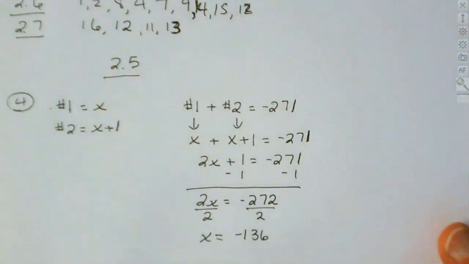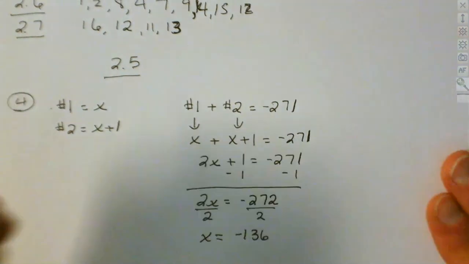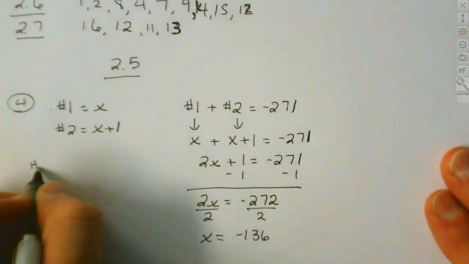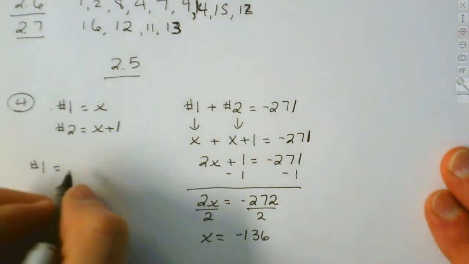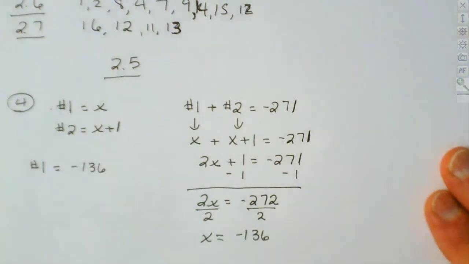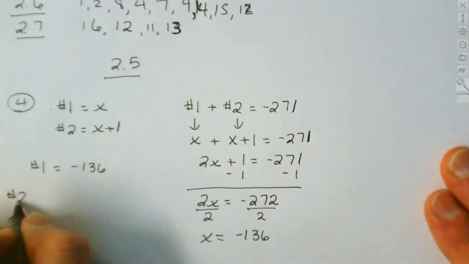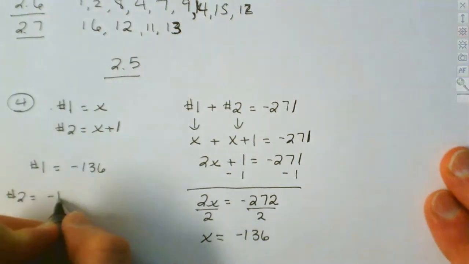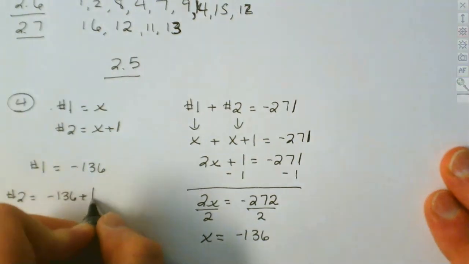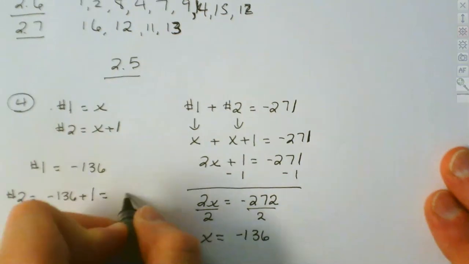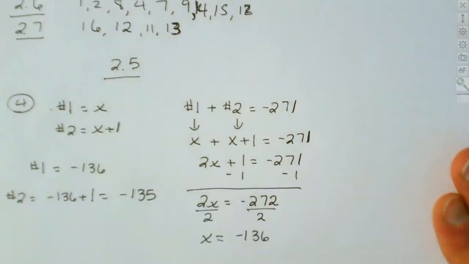Is everyone okay with that? Now, that is not my answer though, is it? Okay, we need to get both of them, and we need the bigger number. So that means my first number was x, so that's a minus 136. And my second number is minus 136 plus 1, and that is then a minus 135. Right? Be careful with your signs there.